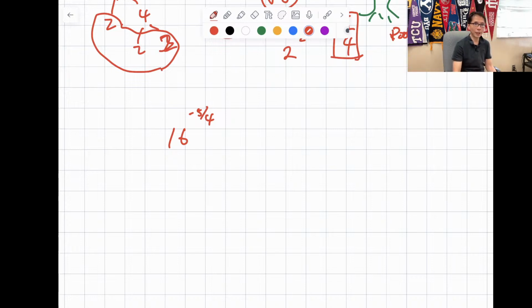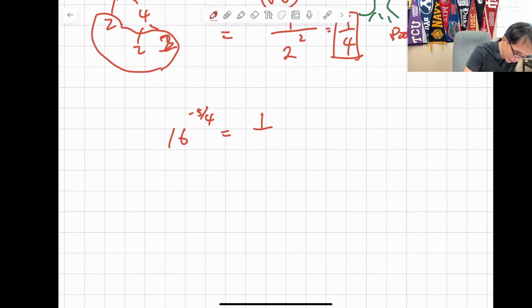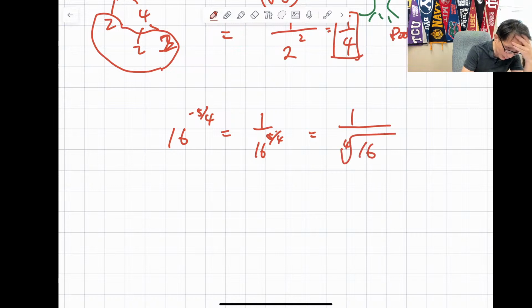All right, so the answer is 1 over 32. Now here's what it is: 16 to the negative fifth over 4 power, because you change to the positive exponent. Now that's going to be the 4th root of 16 to the fifth. You want to think of a number multiplied by itself 4 times that is going to give me 16.